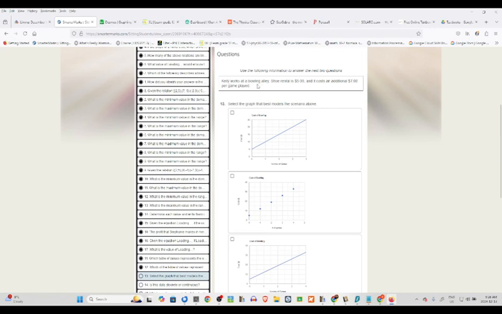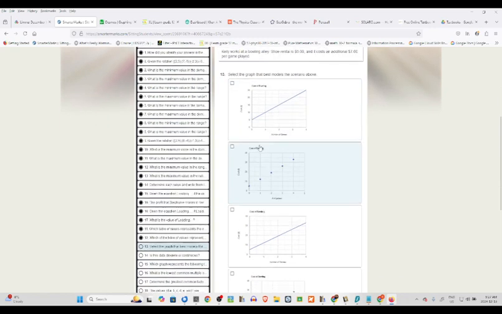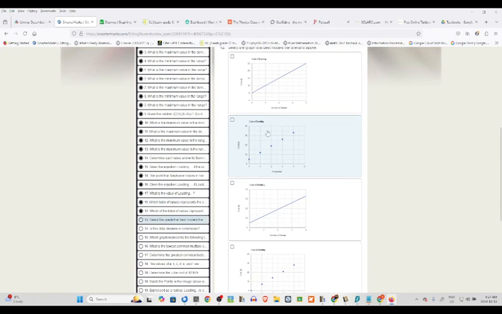Now, Kelly works at a bowling alley. Shoe rental is $5 and it costs an additional $7 per game played. So for the cost of bowling, we're going to have something that starts at 5 with a slope of 7. We actually have a couple of entries that seem to fit that.